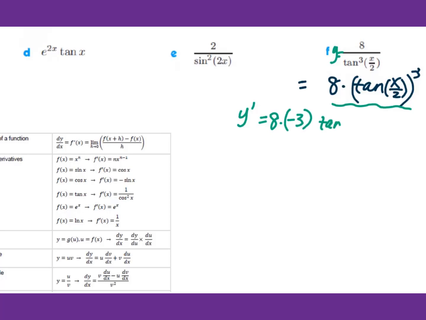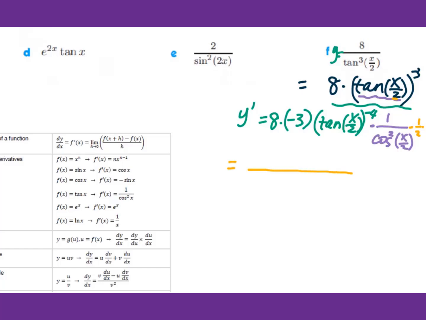You will get tangent x over 2, to the negative fourth power. Then times the derivative for tangent x over 2. That will be 1 over cosine squared x over 2. Then you have to do the derivative for x over 2. That will be 1/2. So we organize.